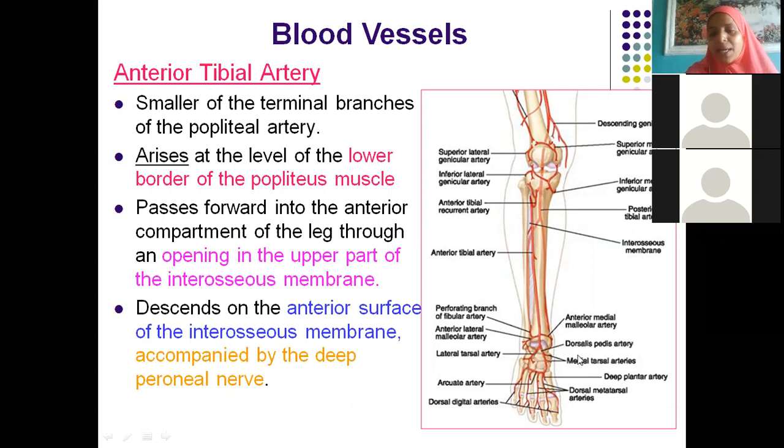Sometimes we can check the pulse in front of the ankle joint by palpating the dorsalis pedis artery. Okay, beta? Then of course it goes into the dorsum of the foot to form the arcuate artery. We will discuss later. Now we are doing front of the leg.